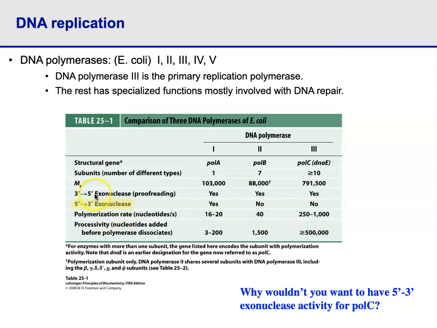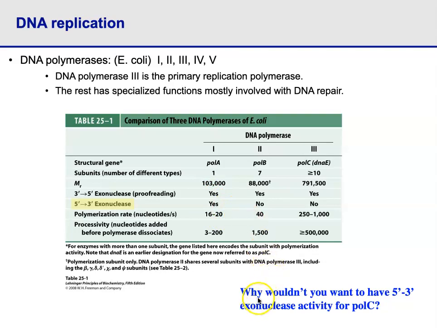Also notice that they all have 3' to 5' exonuclease or proofreading ability. An interesting thing though, there is another exonuclease activity that some polymerases have, and that is the 5' to 3' exonuclease activity, or that's a forward exonuclease activity. Only polymerase 1 or Pol-A has that activity.